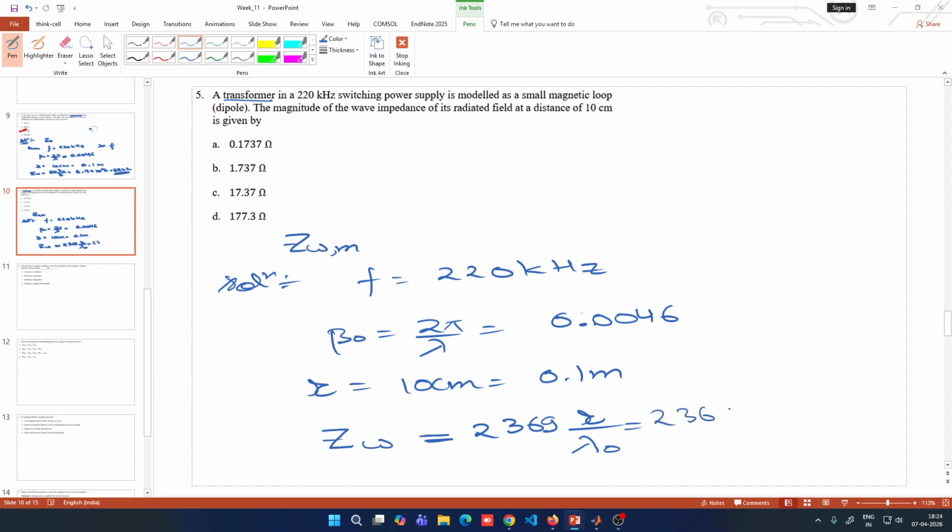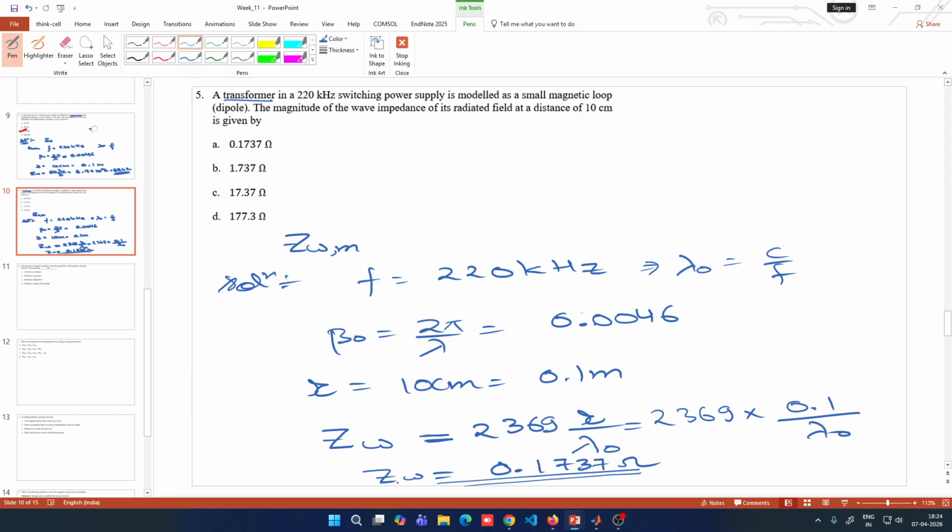So 369 into 0.1 divided by lambda naught, which is C by F. The final answer will be 0.1737 ohms. Now if we match with the given options, the correct option is option A.